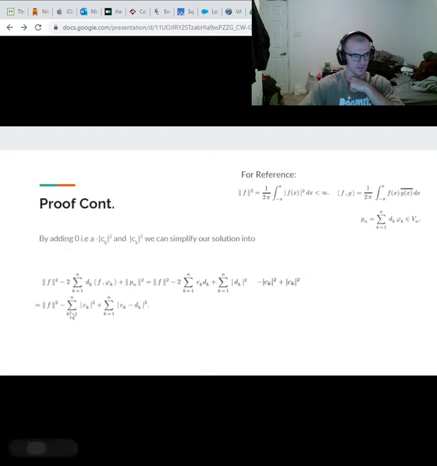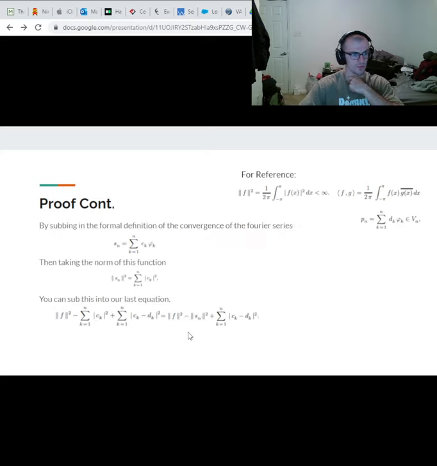Such that we can then use our FOIL again to FOIL these two elements here, bringing in the 2 and the negative, and then keeping this negative c sub k squared absolute value here. Then what we will do is look at our definition of the Fourier series again.